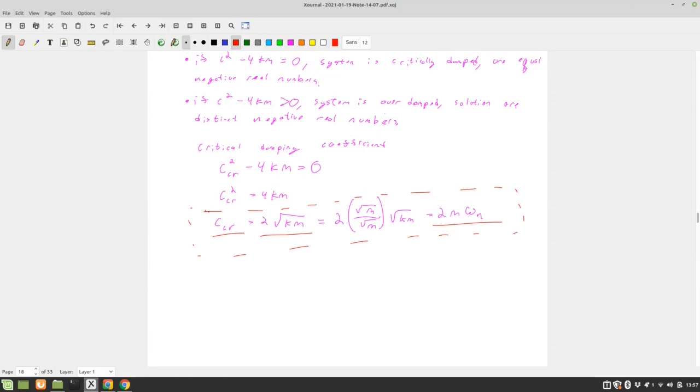Do you have any clue? You have a critical damping value of 12, but it's dependent on this k and this m. So you don't know if it's underdamped or overdamped, just that this c_cr is 12, or that's what your system would need to be.